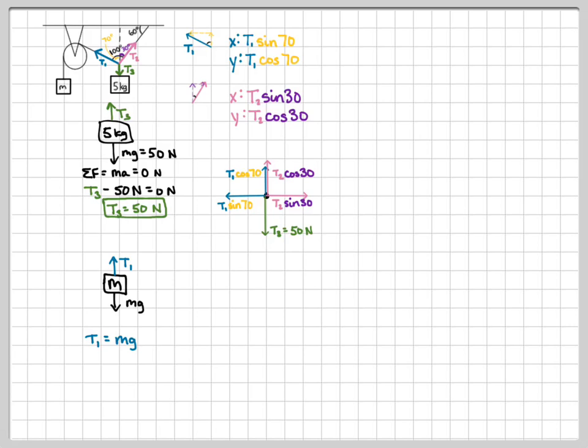Okay, now our x's and our y's. For our y, we know that the sum of the forces is equal to 0. So T1 cosine 70 going up plus T2 cosine 30 also going up minus the 50 newtons going down is equal to 0.